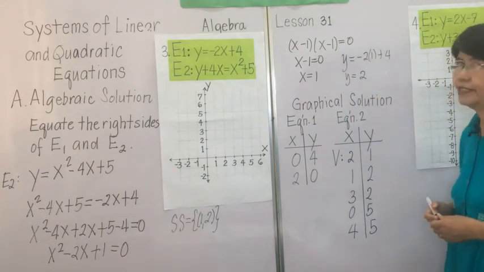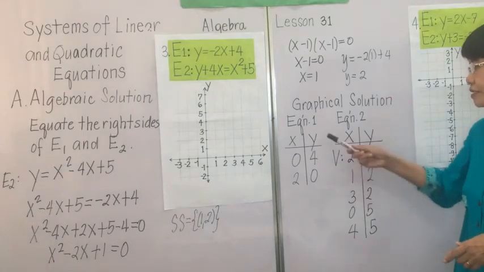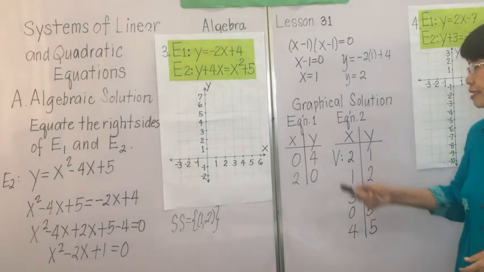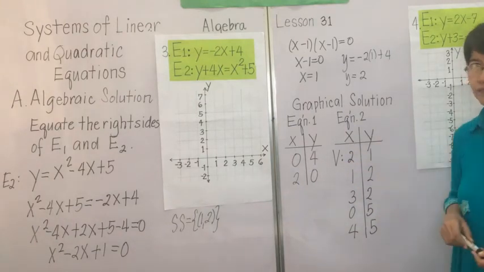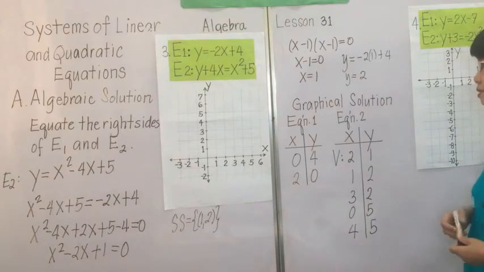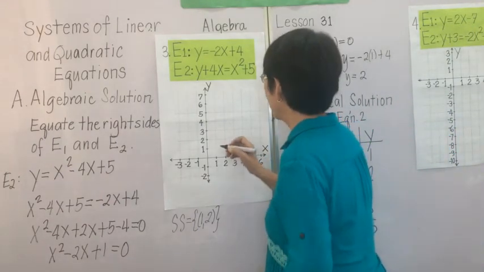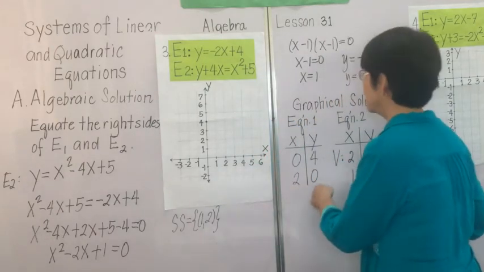Okay, and then we'll go to the graphical solution. We have already the values of the x and y intercepts for equation 1 and the values for equation 2. So we have (0, 4) and (2, 0).